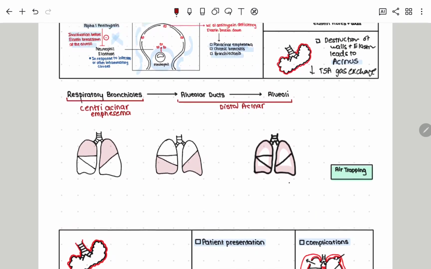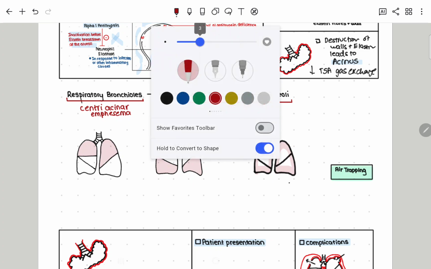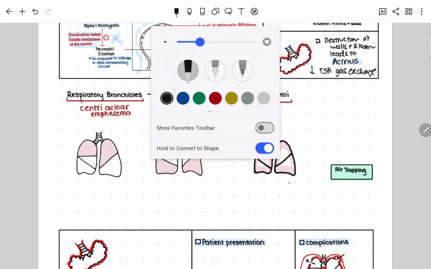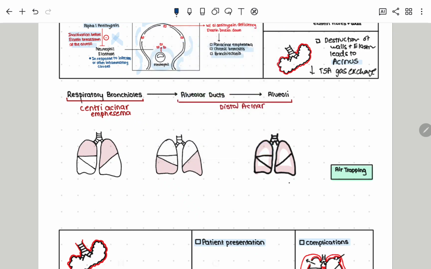And if this breakdown of the elastin surrounding the alveolar walls occurs throughout the respiratory bronchioles, the alveolar ducts, and the alveoli, the term that we use is pan-acinar emphysema.